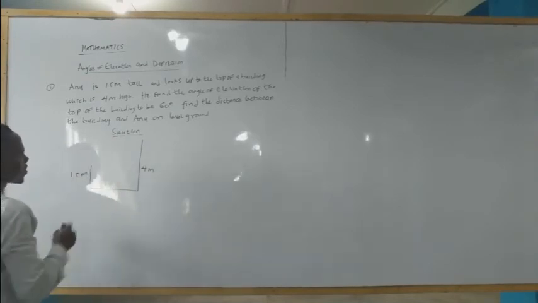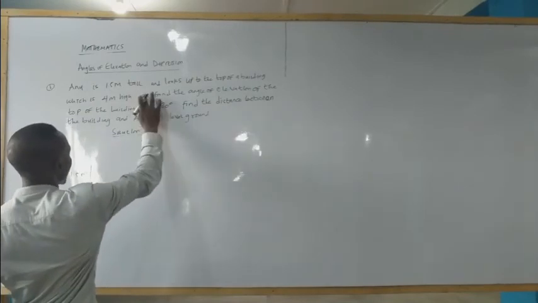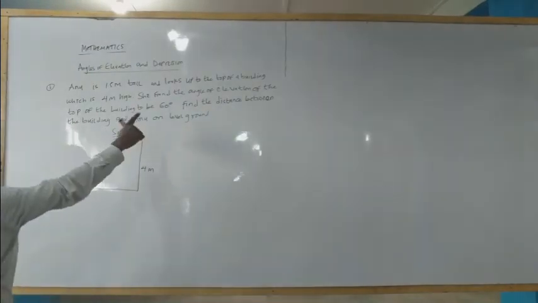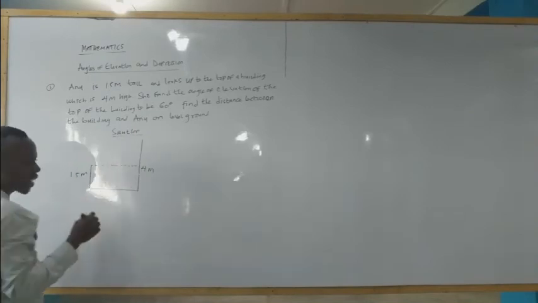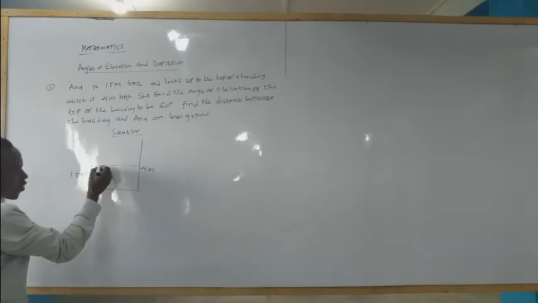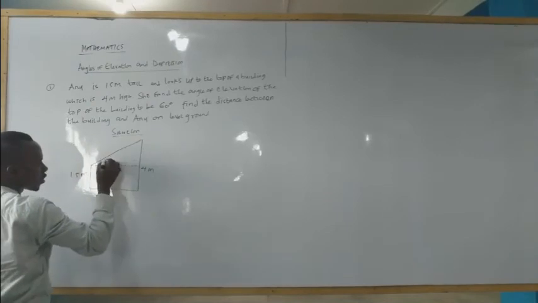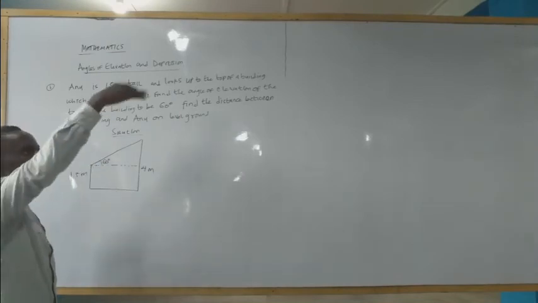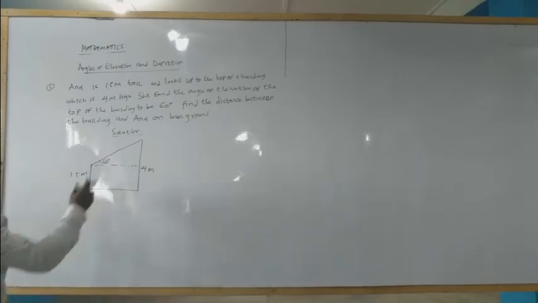This is the level ground. So here they said she found the angle of elevation of the top of the building to be 60 degrees. That's the eye level. Then from the eye level, turning your eye and face upward to look at the building is 60 degrees.